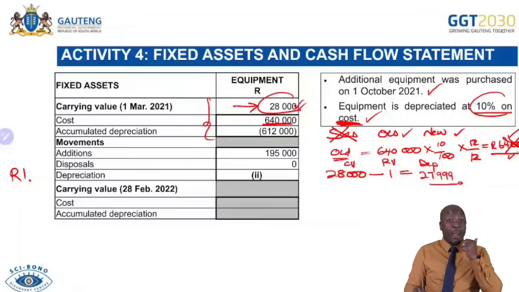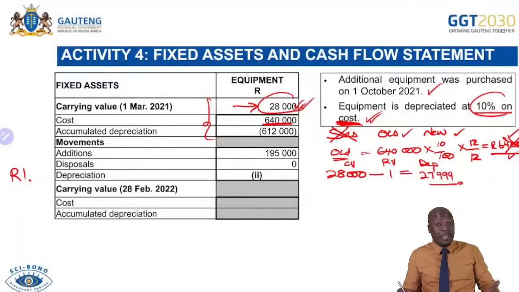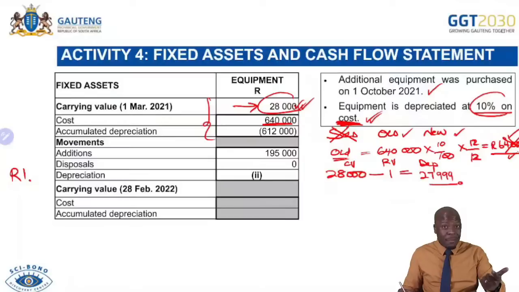When do I know if I'm being tested on the 1 Rand residual value? The examiner will give you the cost price method, and then you should always check how much your carrying value is. At times the examiner says the asset was old, or very old, or bought in 2001. They're trying to say, think about the period this asset has been with us.